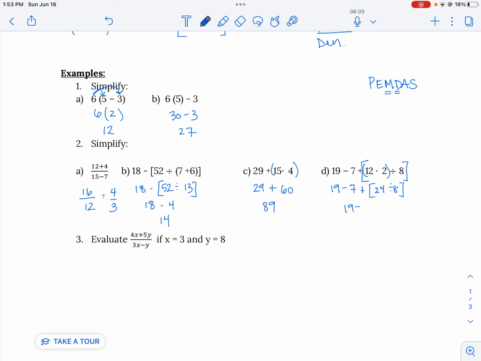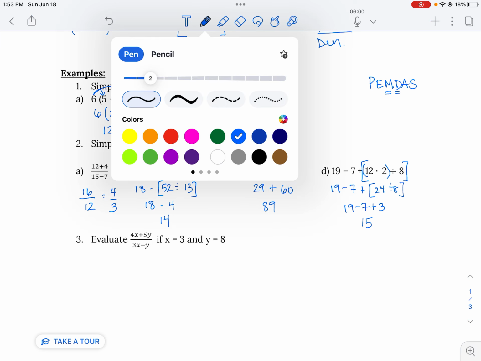So 19 minus 7 plus 3 is going to be 19 minus 7, that's 12, plus 3, that's going to be 15. Okay, now, if I were to put parentheses around a different part of this, I'll rewrite it in pink.